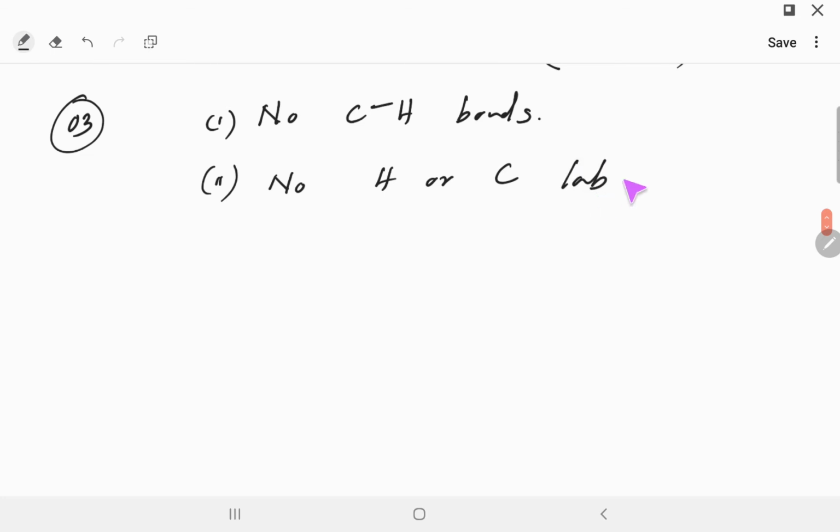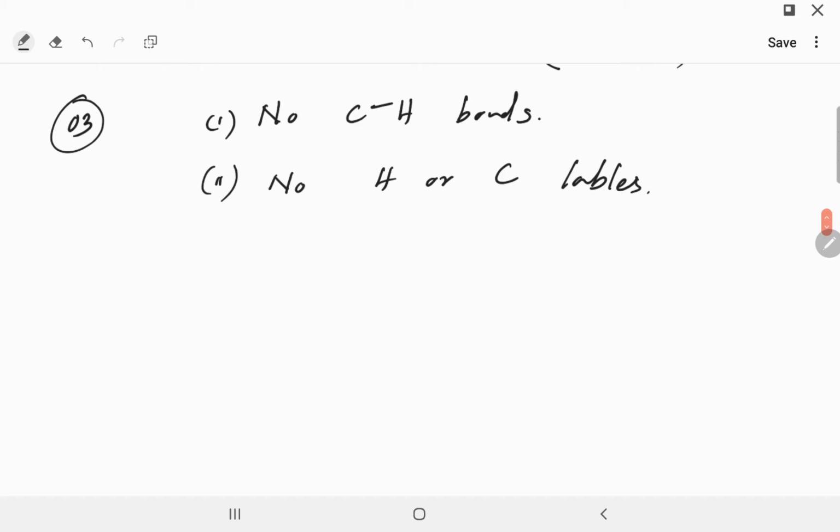Why? Because in skeletal formulas, you don't show carbon-hydrogen bonds. That is one. And then secondly, you don't show carbon labels and hydrogen labels, so no hydrogen or carbon labels.